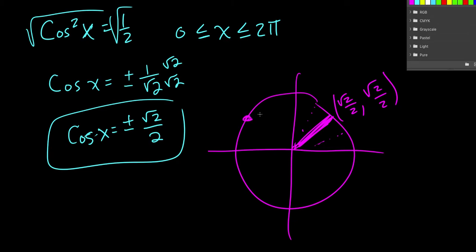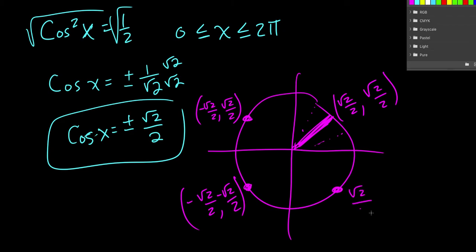So if we go over here, we get the same thing. The x would be negative in that case. Go down here, square root of 2 over 2, square root of 2 over 2. This time they're both negative. And then we go over here, we get square root of 2 over 2, square root of 2 over 2. This time just the y is negative. Okay, so we have 4 solutions to this.